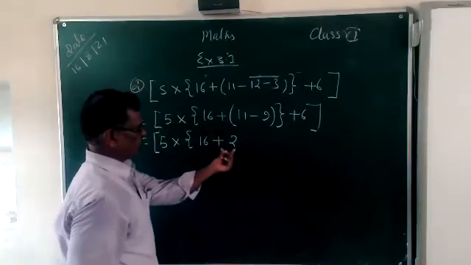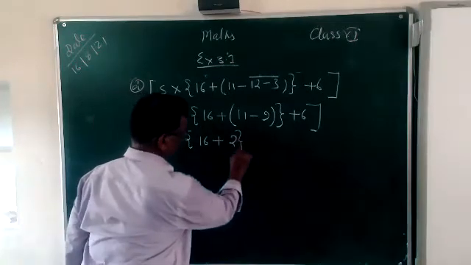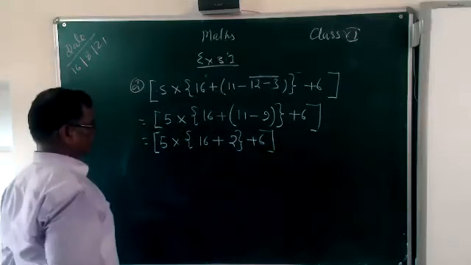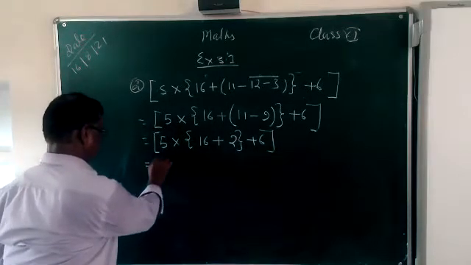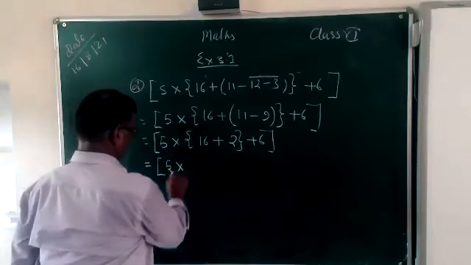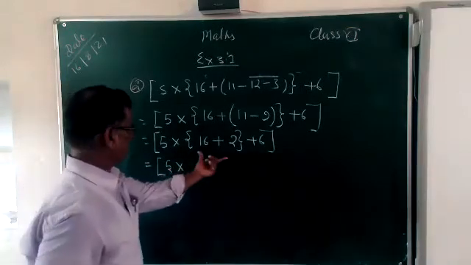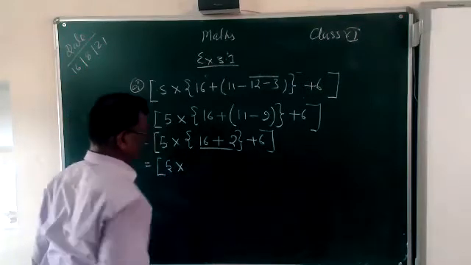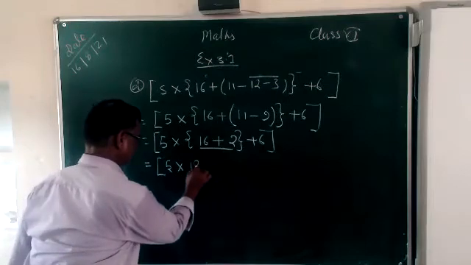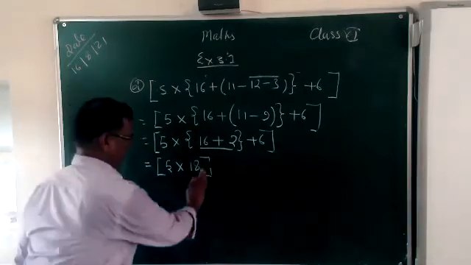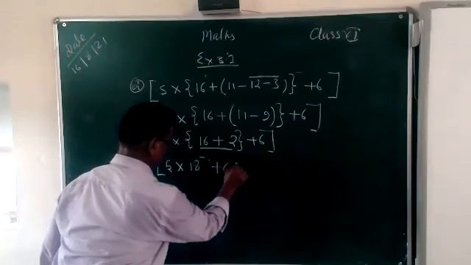Then left here only 2, curly bracket and plus 6 and then the square bracket is equal to square bracket 5 into, that is, remove this by adding 18, curly bracket removed and here is given 6.